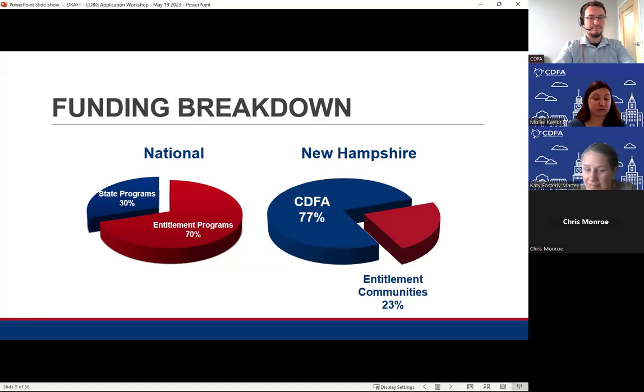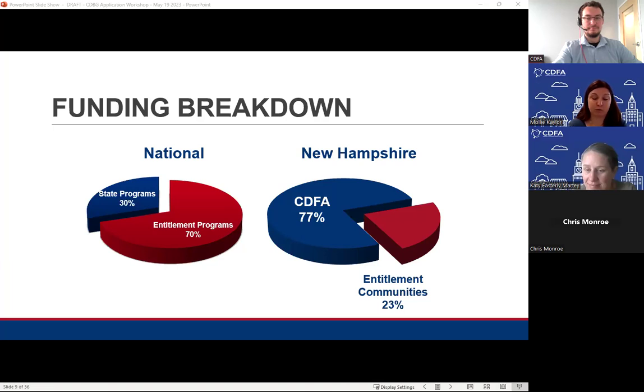As I briefly mentioned in the last slide, entitlement communities receive funds directly from HUD. So they receive their own CDBG allocation directly from HUD. The state-administered CDBG program that CDFA administers includes those units of general local government which do not receive CDBG funds directly from HUD as part of the HUD entitlement program.